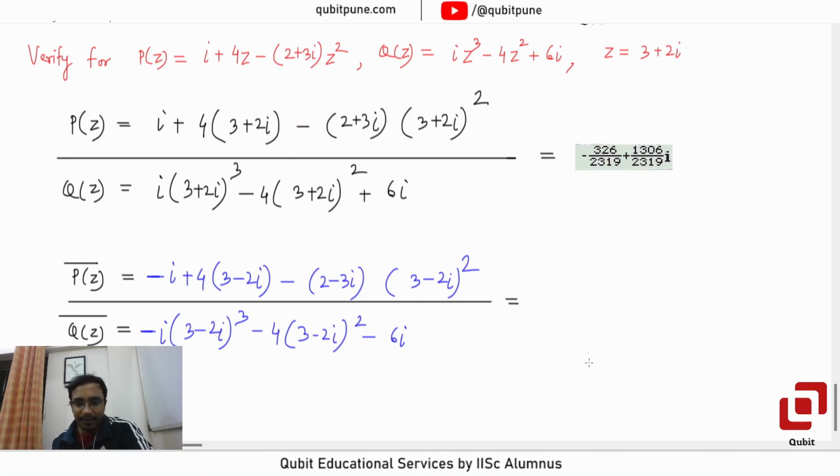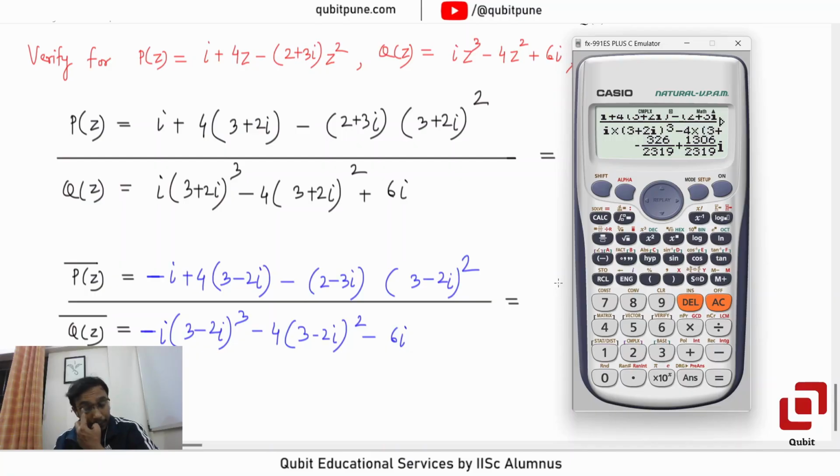Let's verify. To avoid confusion, I'm going to retype that. Negative i plus 4 into bracket 3 minus 2i bracket closed, minus bracket 2 minus 3i bracket closed into bracket 3 minus 2i bracket closed squared.